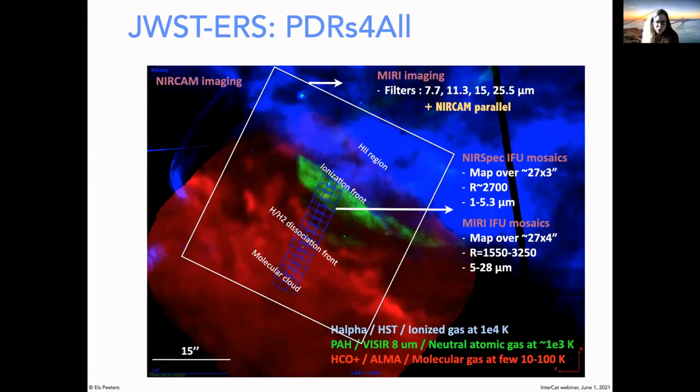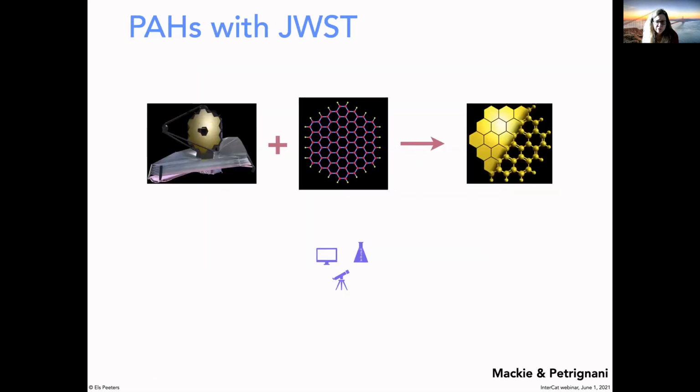We will do NIRSpec spectroscopic IFU, so integral field unit mosaics from 1 to 28 microns, and we will also do imaging. And so I cannot stress enough that from the observational point of view, JWST is just ideally suited to study PAH emission. It will be a gold mine.